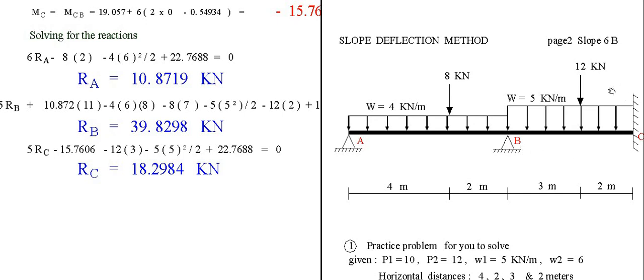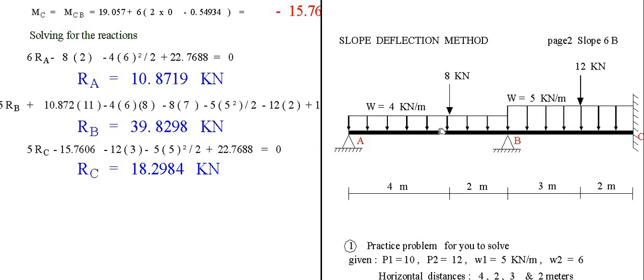Okay, the direction of the moment at C is clockwise. The direction of RC is counterclockwise. Minus, different sign. RC positive, moment at C negative.